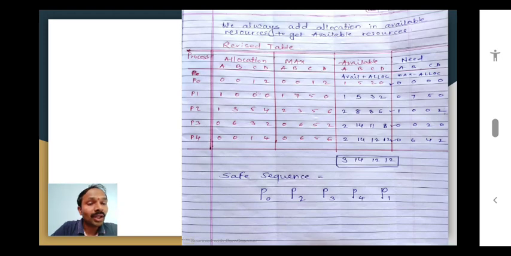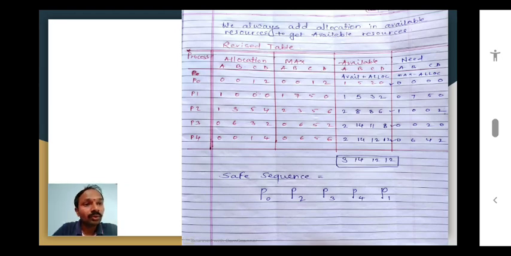So I will take P2 for the safe sequence because 1 is equal to 1, 0 is less than 5, 0 is less than 3, and 2 is equal to 2. So here in the safe sequence I can say that the need can be fulfilled.